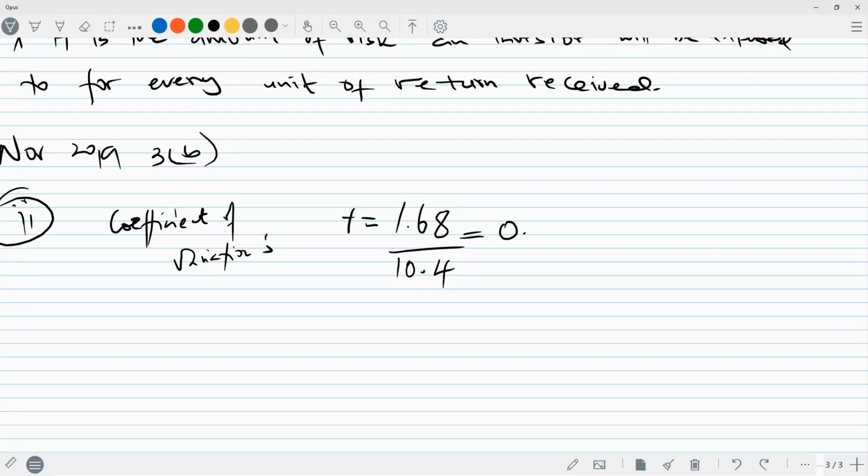Even 1.68 is wrong. It's supposed to be 2.42.